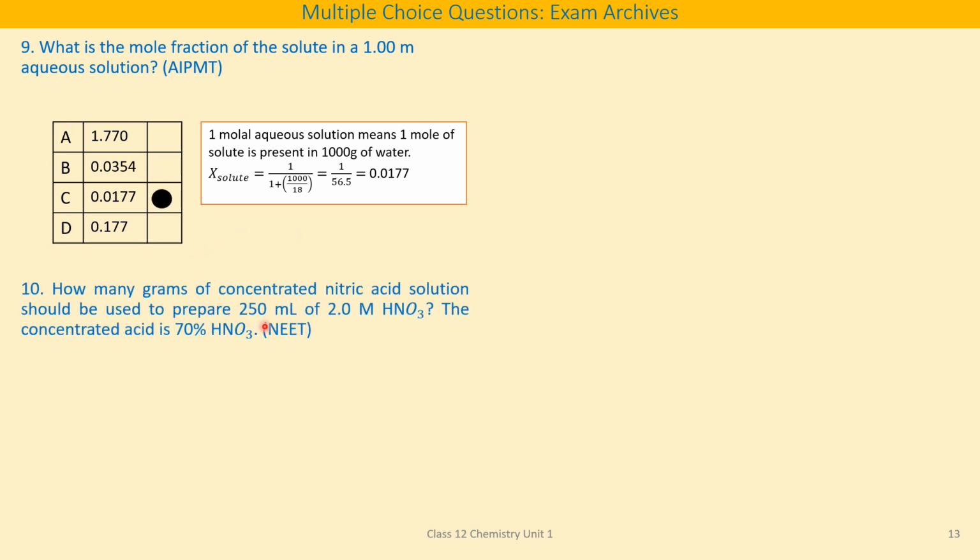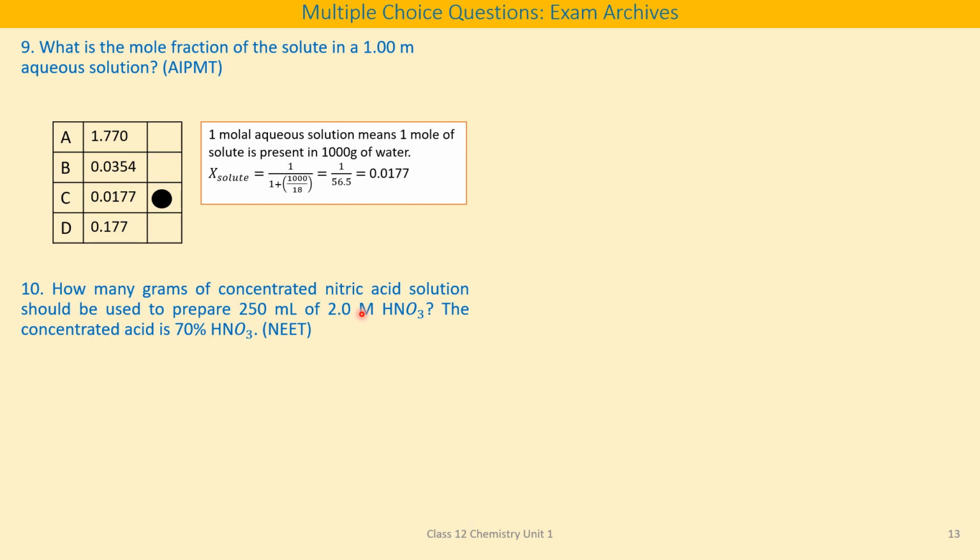How many grams of concentrated nitric acid solution should be used to prepare 250 ml of 2.0 M HNO3? The concentrated acid is 70% HNO3. This is a question that was asked in the NEET examination.